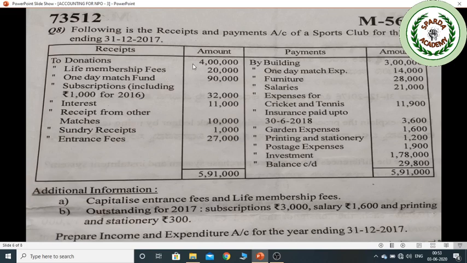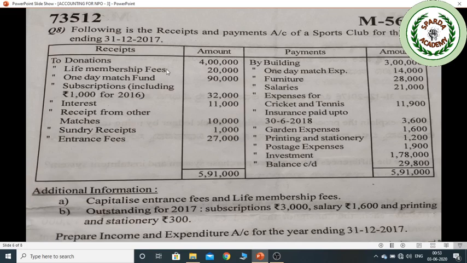There is no instruction regarding that. You could have written it in the income and expenditure account, but it is a huge amount, so it must be a capital item. Life membership fees. Here in the additional information they have given capitalize entrance fees and life membership. These two must be capitalized, means these two must be written in the balance sheet.